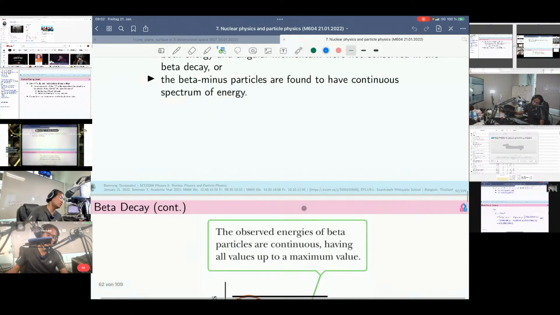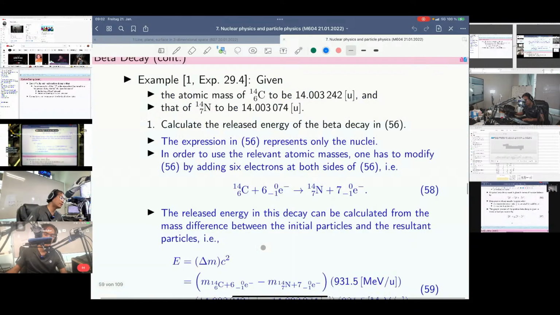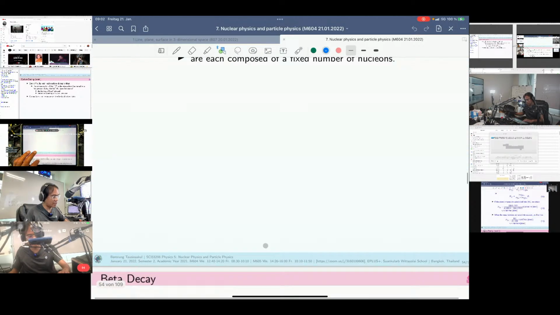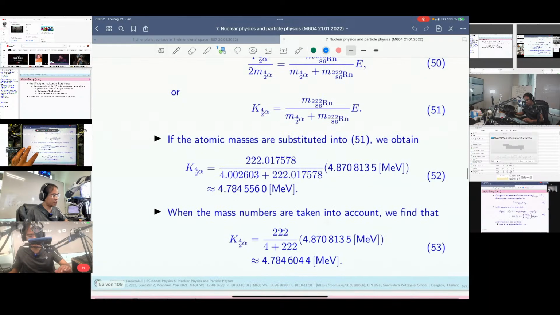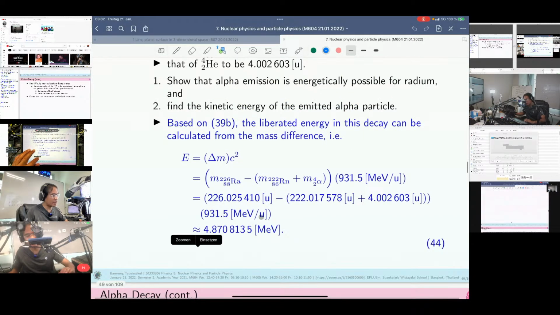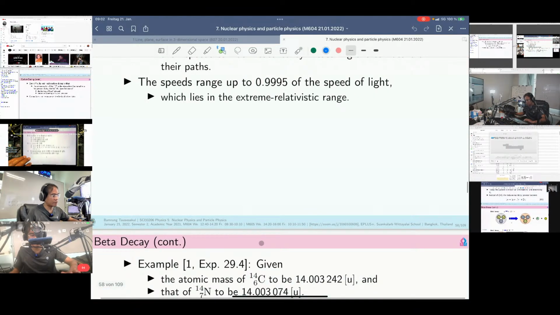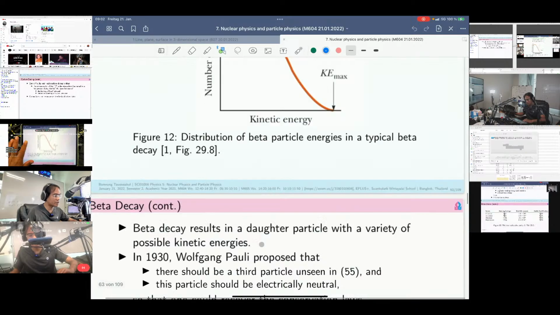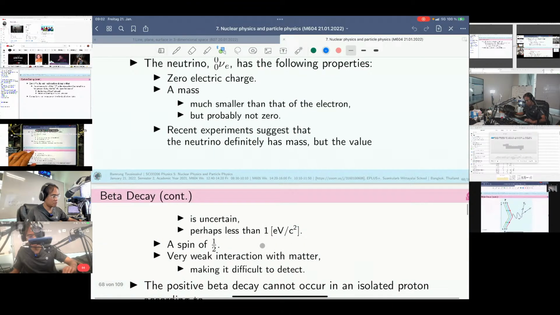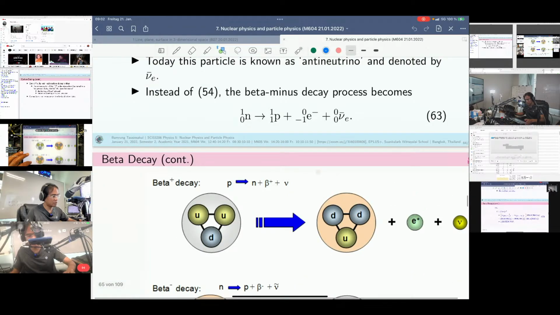If we get a certain value like this, as in the alpha particle, we got a discrete energy, as we have seen. In the alpha process we got a discrete value, and in the calculation we also got the released energy as a discrete number.